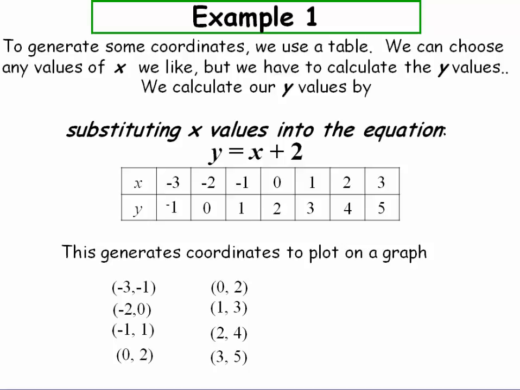So when x is -3, we have -3 plus 2 is -1, that's y. When x is -2, we have y is -2 plus 2, which is 0, and so on. This generates the coordinates shown here in brackets. The first coordinate is the x coordinate, and the second coordinate is always the y coordinate.